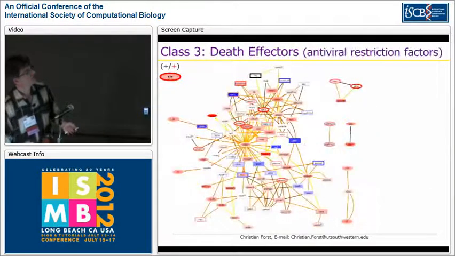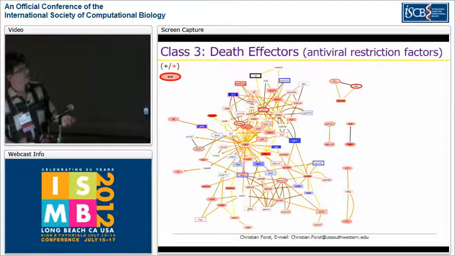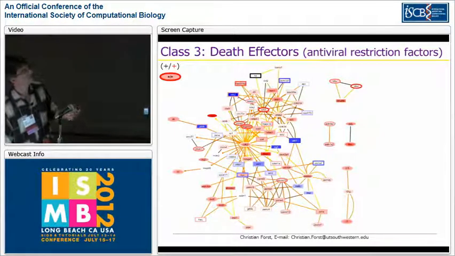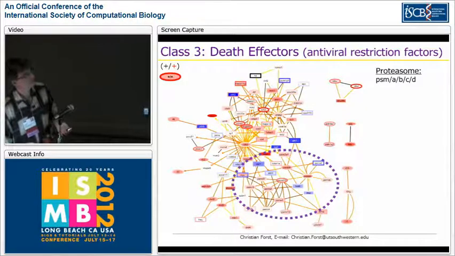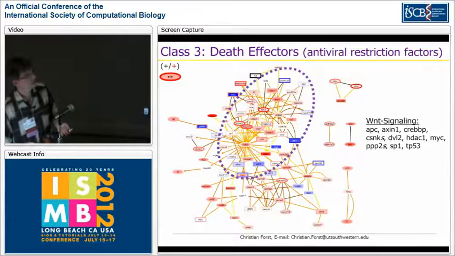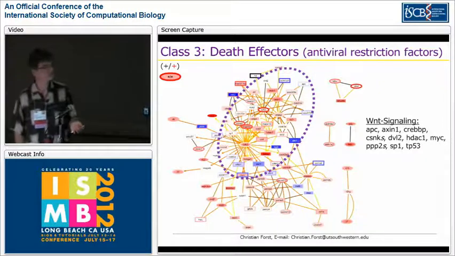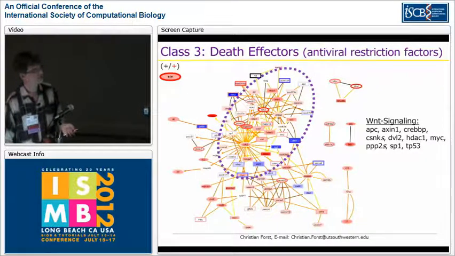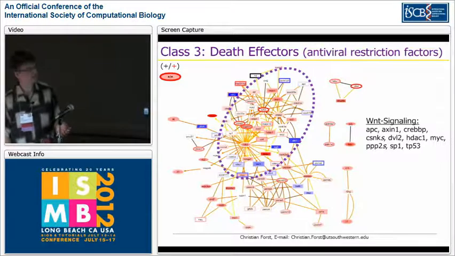So on the host side, this would be the pathway that is important for host defense against viral infection, but this would also induce cell death, so both red, both positive. Proteasome seems to be important. The usual players are all the interleukins. WNT signaling is somewhat new. It has some importance in cancer, but it remains to be seen why this shows up here in this class.